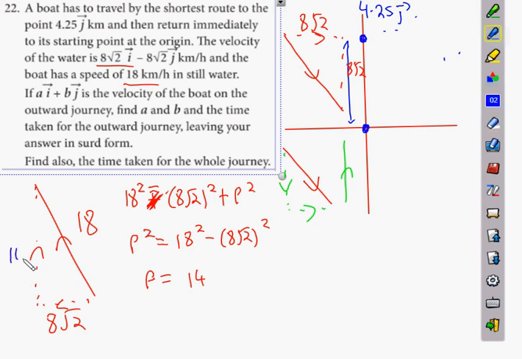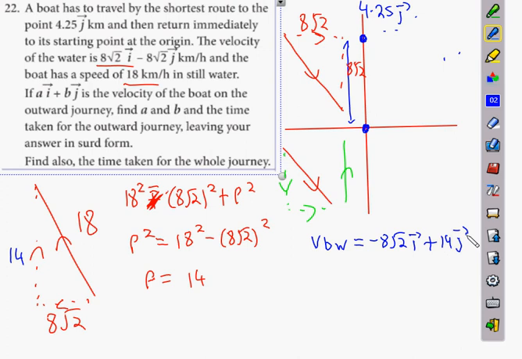So we've now figured out what A and B are already, haven't we? We figured out that the velocity of your boat in water, it can go 18 kilometers an hour, but the direction we're going is minus 8 root 2 i plus 14j.